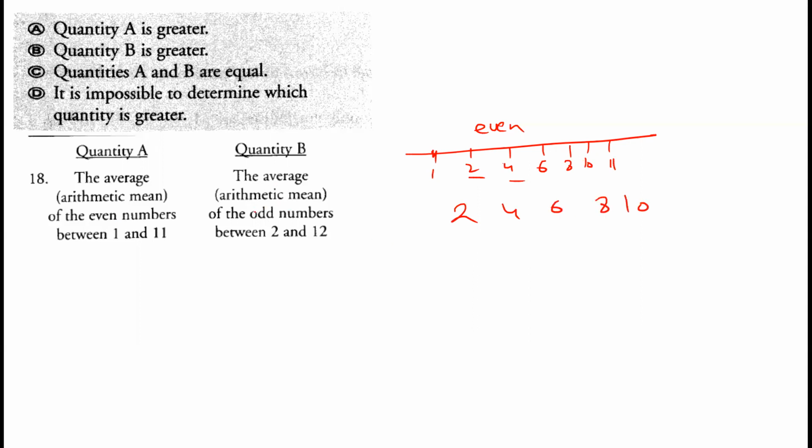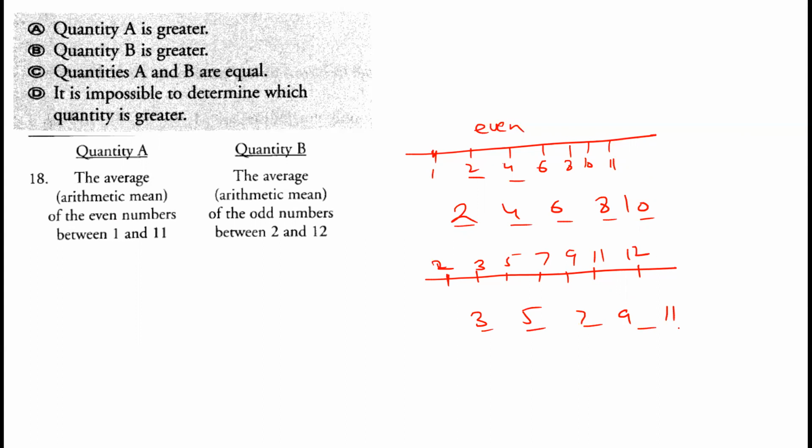And the average of the odd numbers between 2 and 12. So we have 3, 5, 7, 9, and 11. So 1, 2, 3, 4, 5, and 1, 2, 3, 4, and 5.